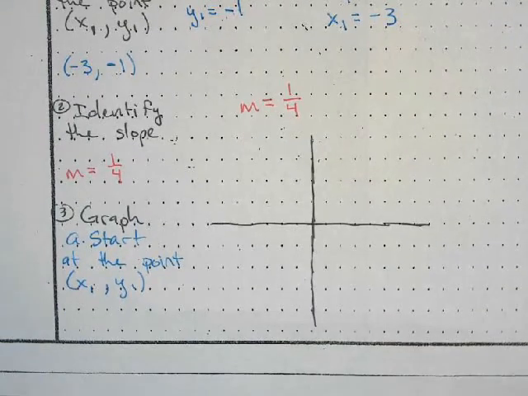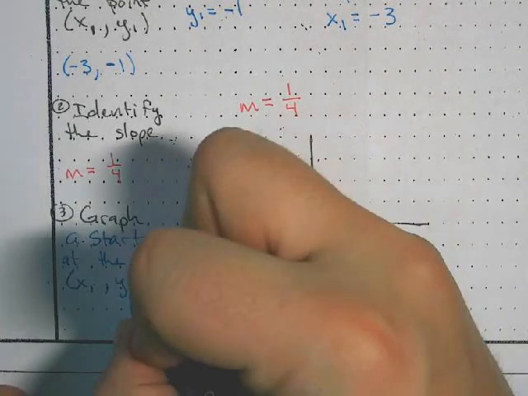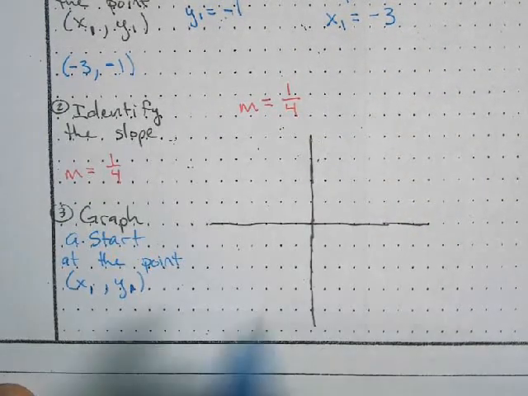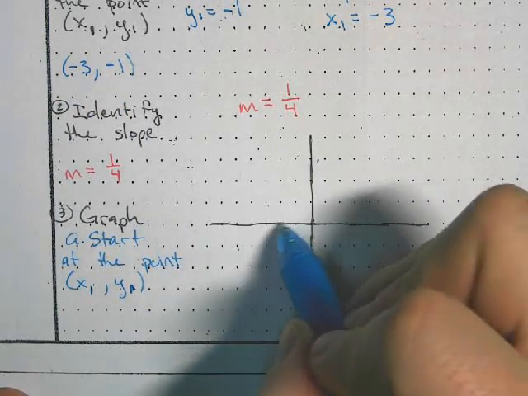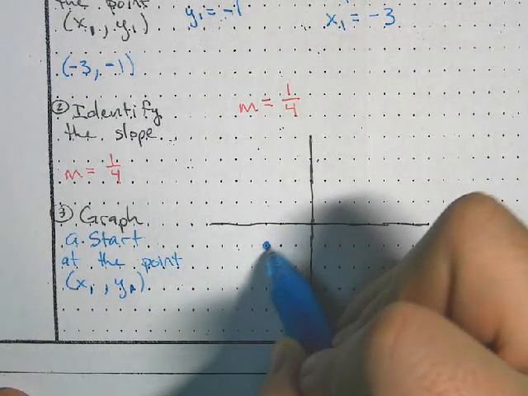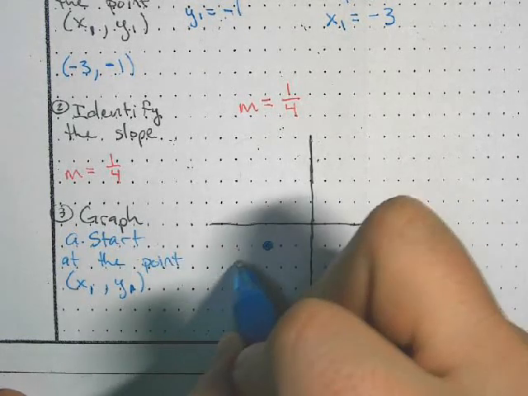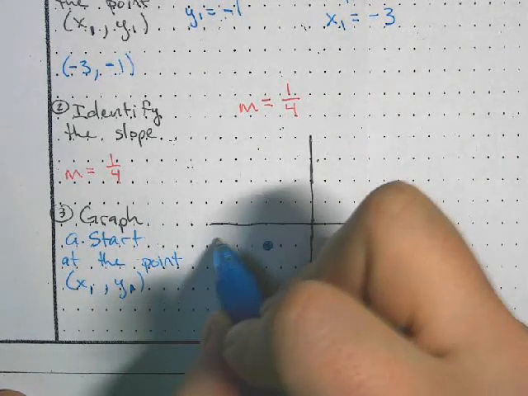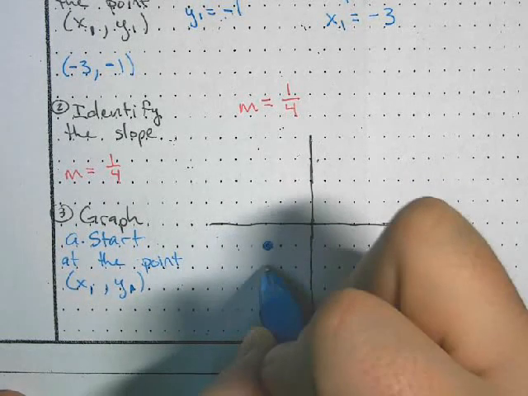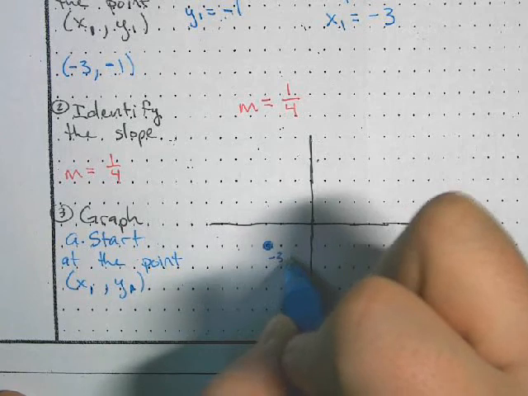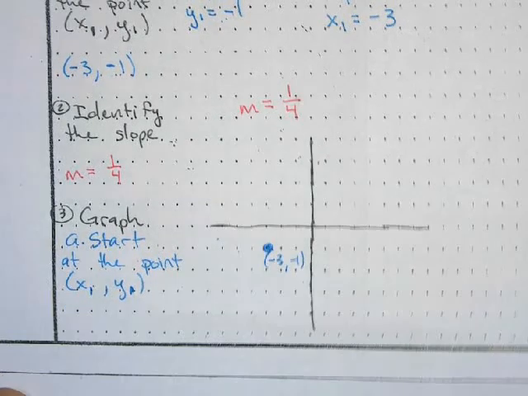We'll start at the point, our x1, y1, which we found to be -3, -1. So I'll go to -3, then 1, 2, 3, and I'll go to -1. So there's my point, like that.